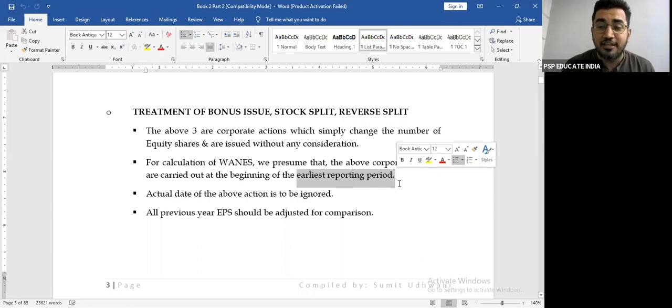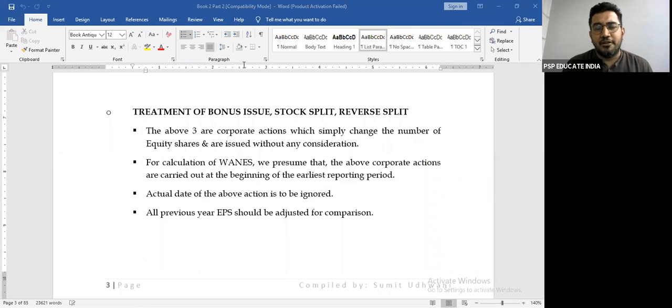What is the meaning of the earliest reporting period? Say for example, you gave a bonus issue on 1st December 2019. So the earliest reporting period is 1/4/2019, the first day of that financial year or calendar year as the case may be. So for bonus issue, stock split, reverse stock split, you will always take the earliest reporting period, and the actual date of their action needs to be ignored.